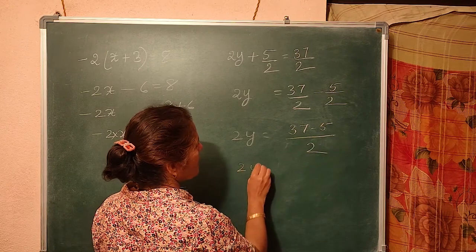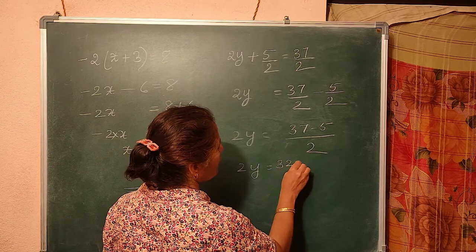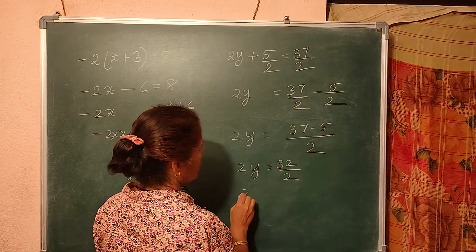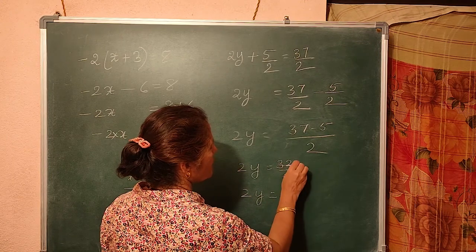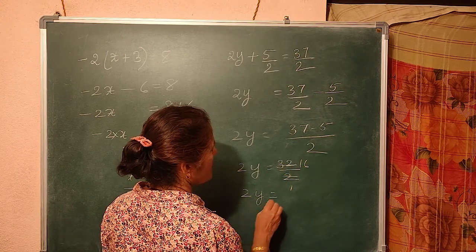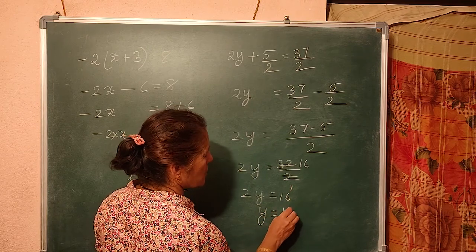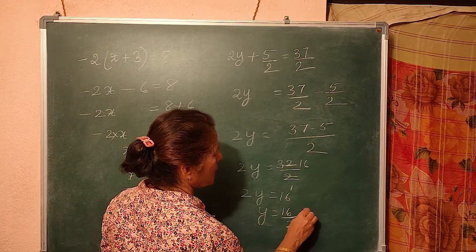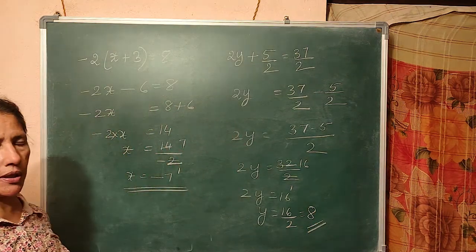So 2y is equal to 37 minus 5, which is 32, divided by 2. What is 32 divided by 2? 2 1s are 2, 2 16s are 32. 2y is equal to 16. So y is equal to 16 divided by 2, which is 8. So you got the value as 8.